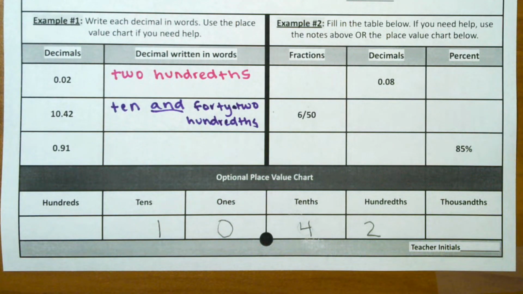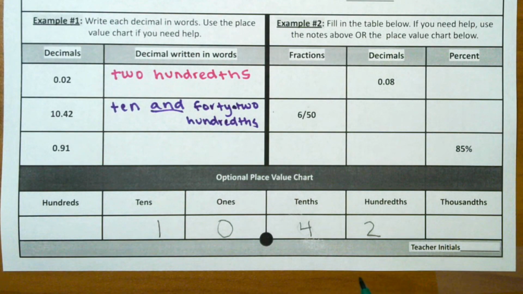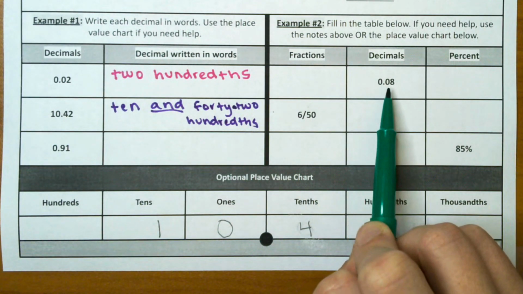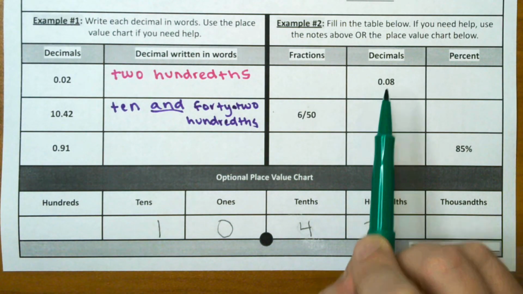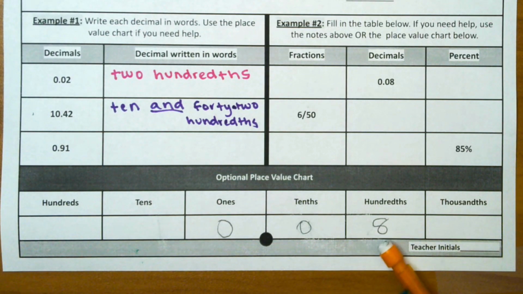And let's take a look at example 2. I'll do one of these with you, and then I'll have you complete the rest on your own. I will do the first one with you. So our decimal is filled in. We have 8 in the hundredths place. So if I were to plug that in my place value chart down here, the way I would say this out loud is 8 hundredths.